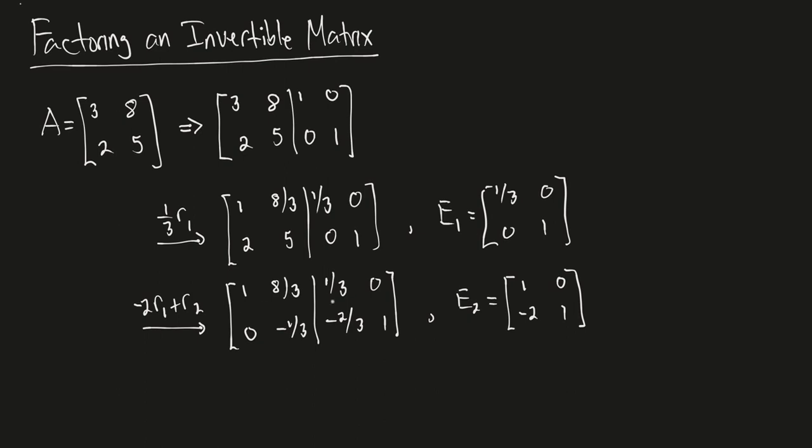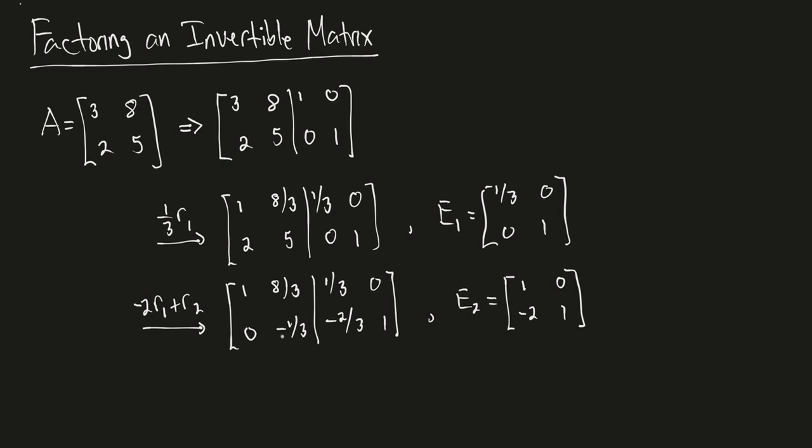And that's essentially what we're going to do. Every time we do a row operation, we're going to write down the corresponding elementary matrix until we have converted the left-hand side into the 2 by 2 identity. And then we will have all the factors that we need, right?